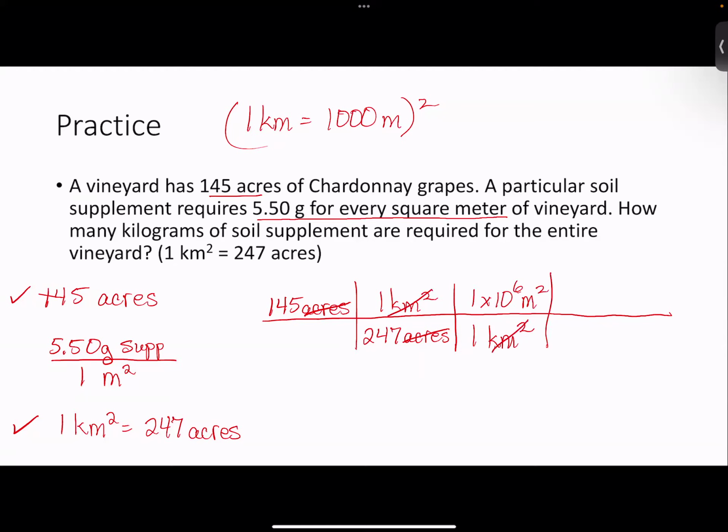The kilometer squared goes in the denominator with the meter squared in the numerator. And now I can use my other conversion factor to get it into grams of supplement.